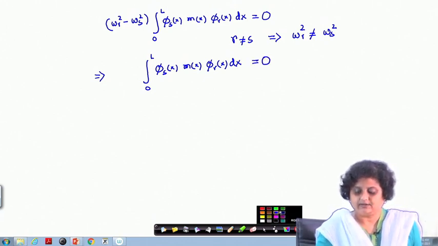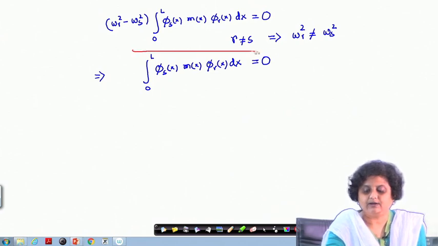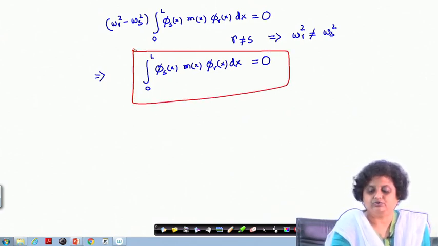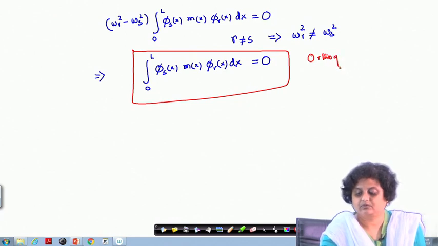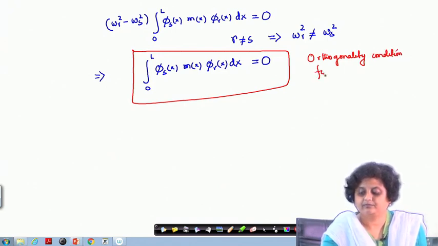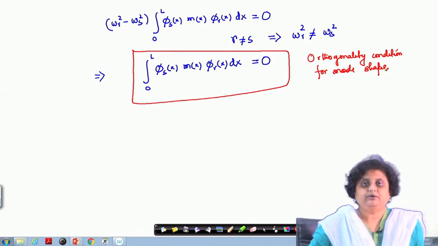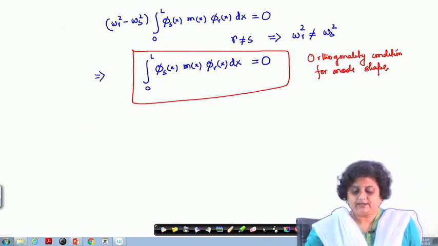So, this is my orthogonality condition for the mode shapes. So, this is one part of the orthogonality expression.